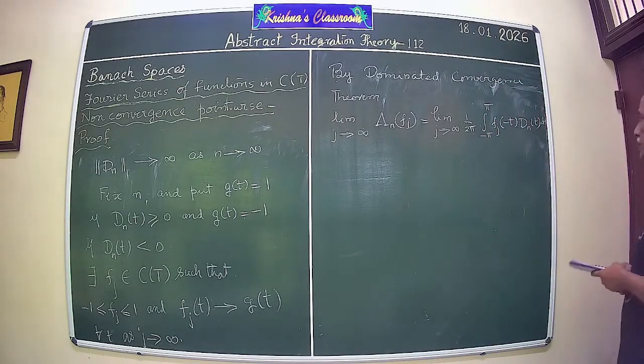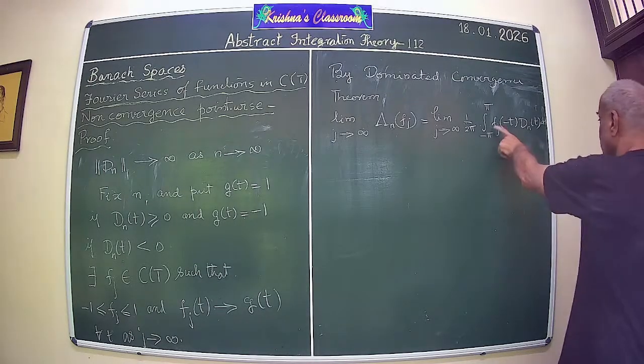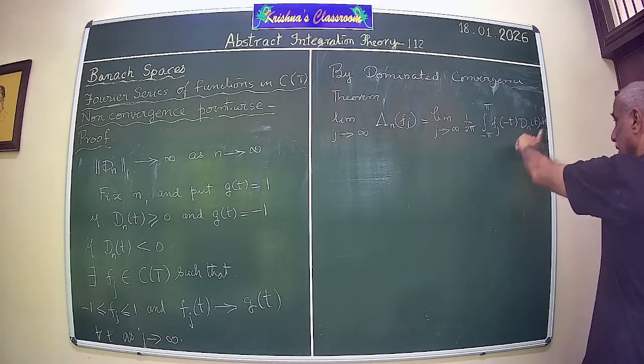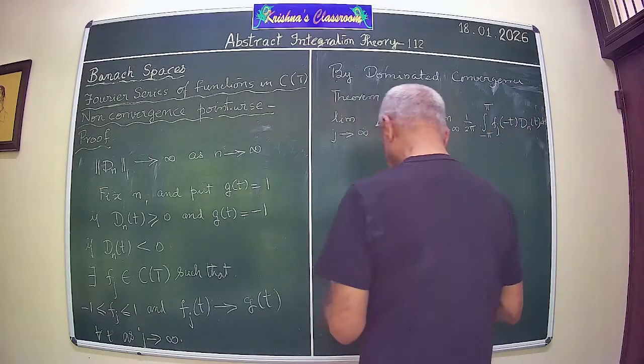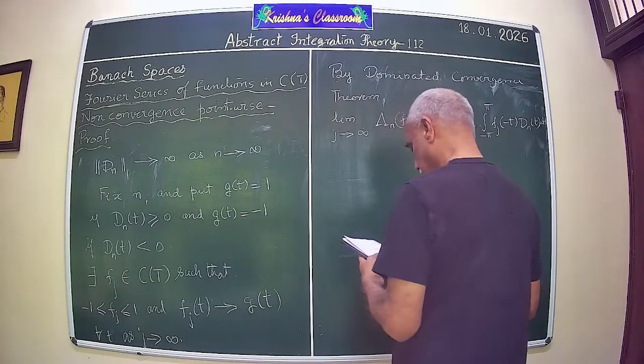So that on the interval -pi to 0 you get f_j(t) positive value, and on the other side you will get negative value. So we will prove this.